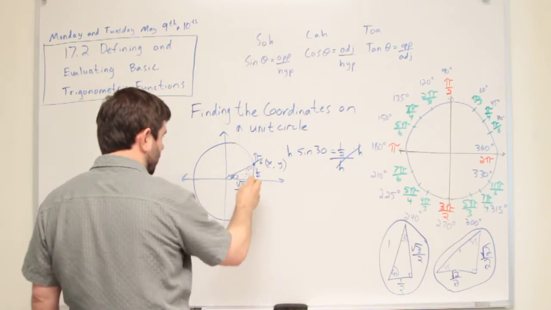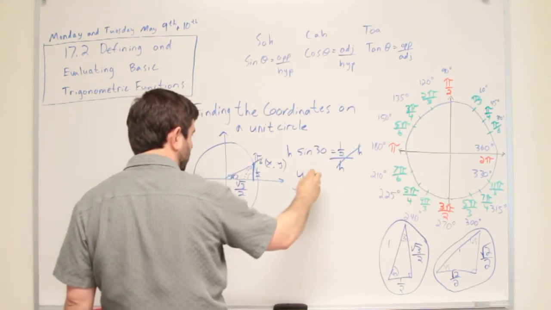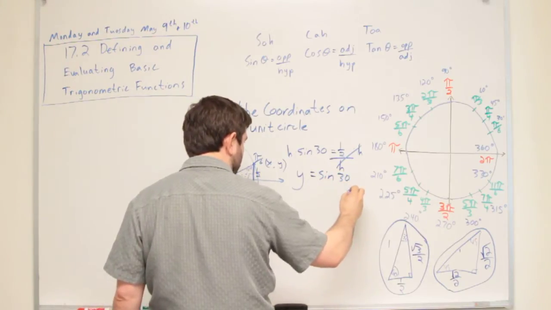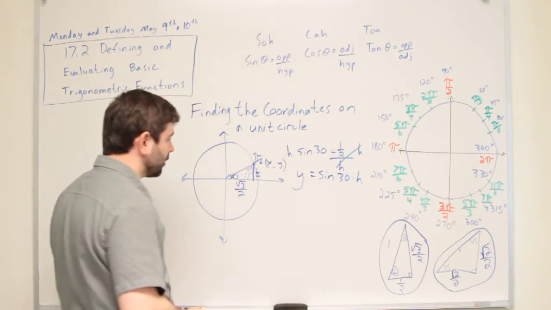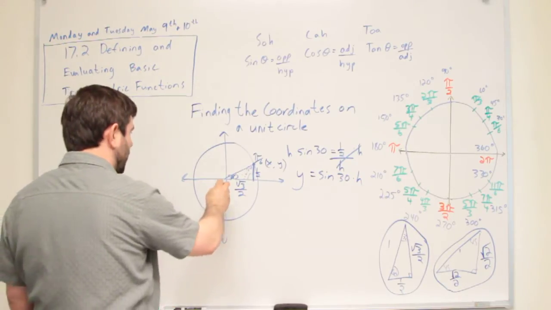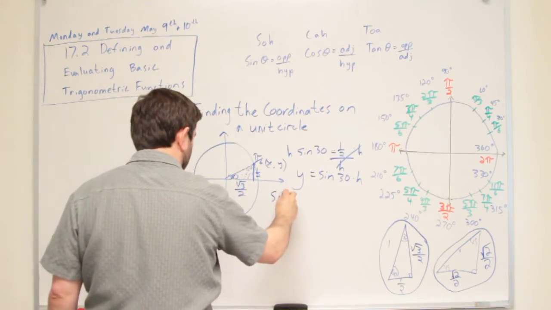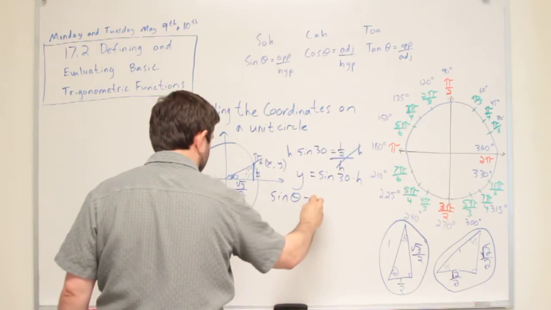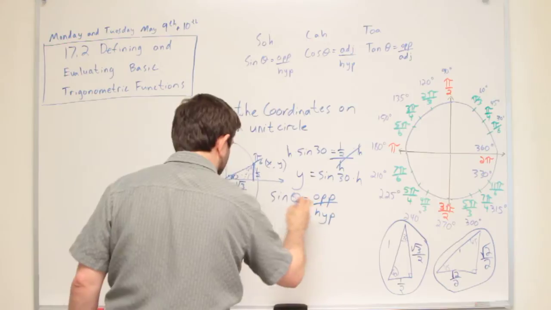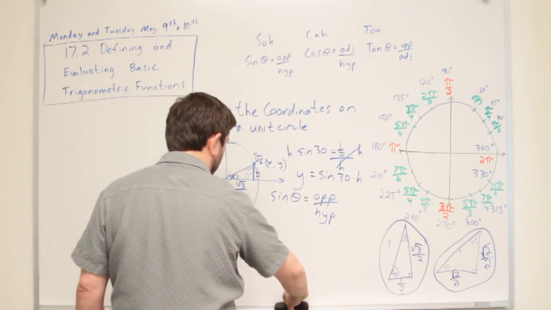And if you want to get your y coordinate, your y value, that is going to equal sine of 30 times the hypotenuse. Sine of our angle is opposite over hypotenuse. The opposite is our y, always.